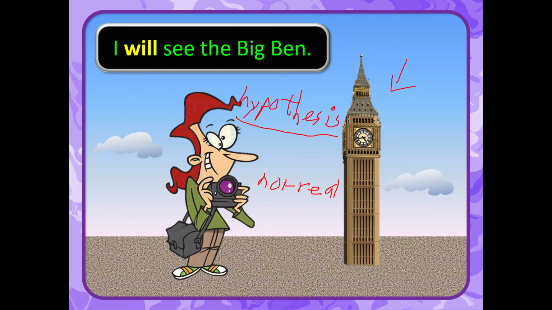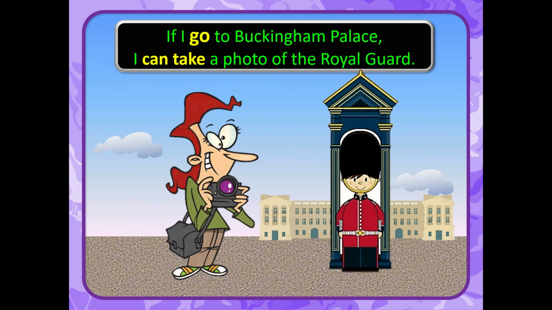Okay? So let's see more examples. If I go to Buckingham Palace, I can take a photo of the royal guard. If I go to Buckingham Palace, I can take a photo of the royal guard.